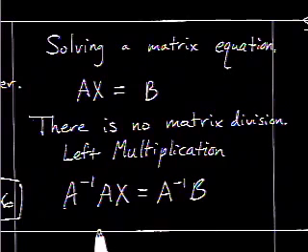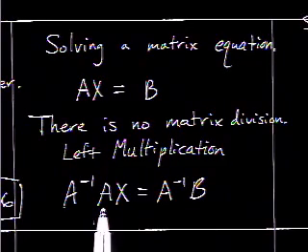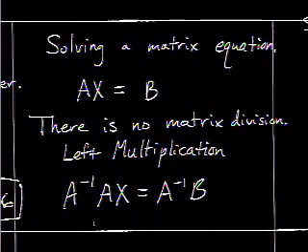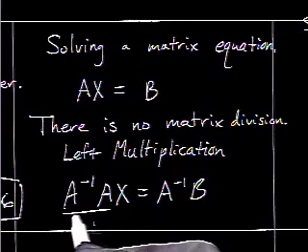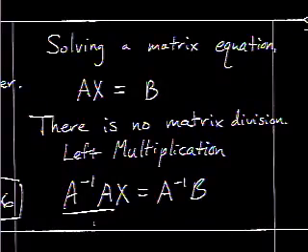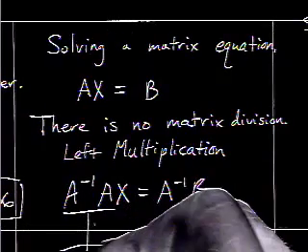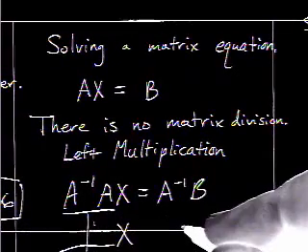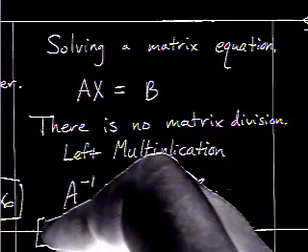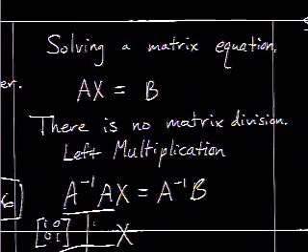A inverse. Obviously, I'm talking about the inverse of the matrix A. Now, when we do that, these two things do something special. They become the identity matrix, right? Remember that whole thing, 1, 0, 0, 1?